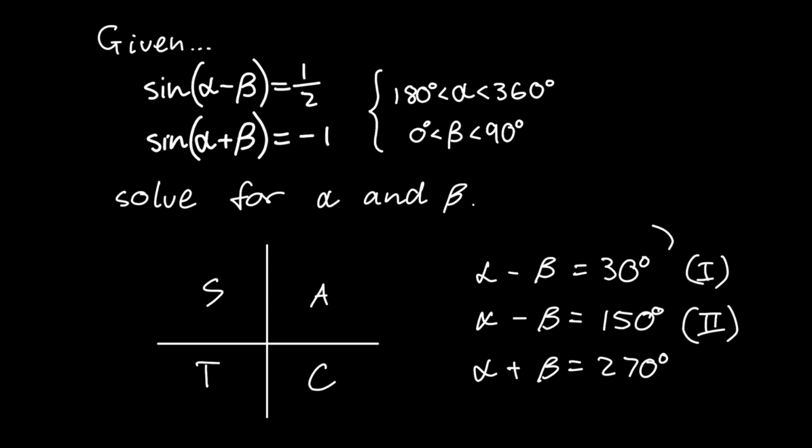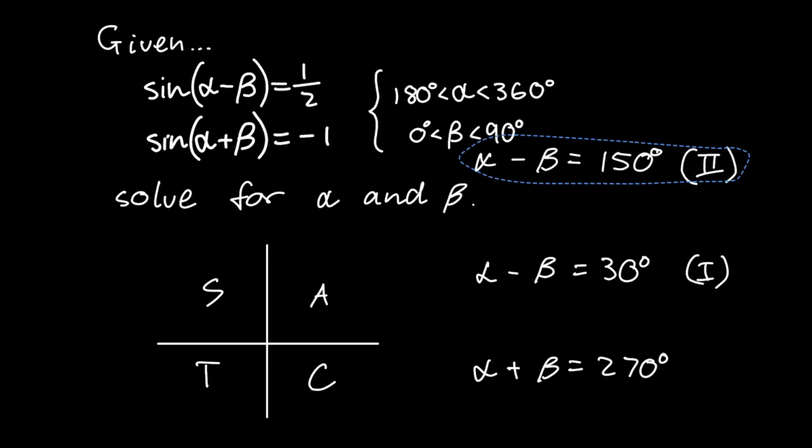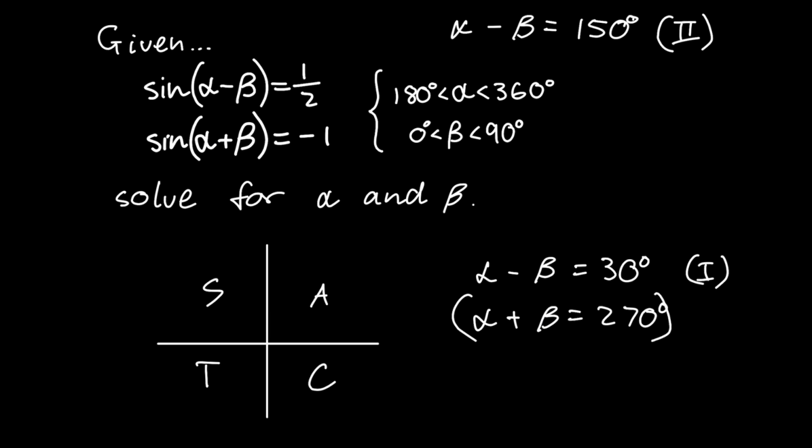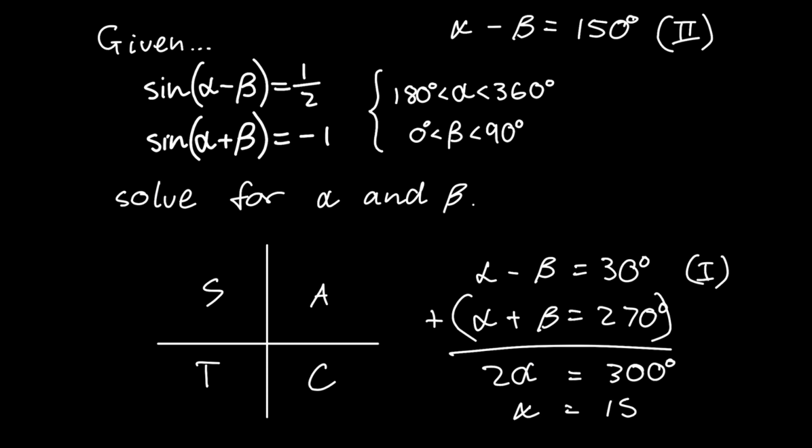Okay, so now we have this, which is quite interesting, and we need to solve for alpha and for beta. So I propose we first go ahead and use simultaneous equations. I'll keep that up there for now, and try and solve for alpha and beta with these two equations. I'm going to propose that we add them, which means our betas will disappear, and we'll have 2 alpha equal to 300 degrees, and then alpha will be equal to 150 degrees.